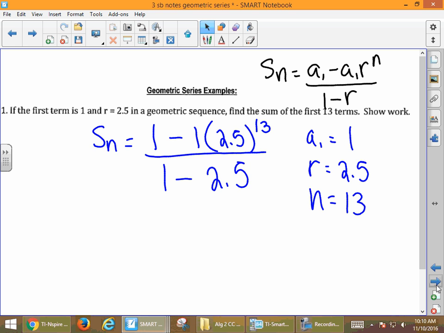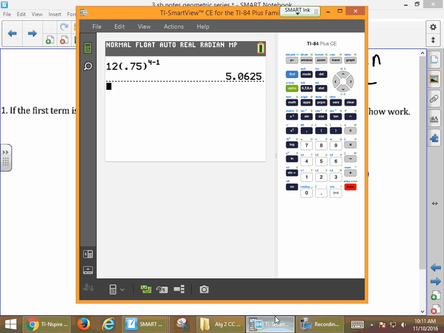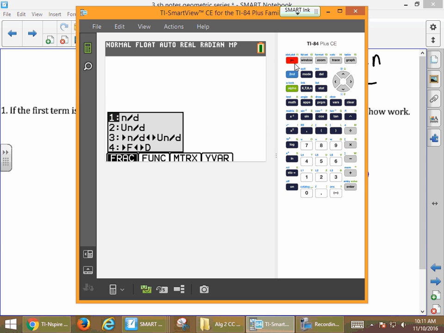Just a word of caution. If you don't have a fraction button on your calculator, then you need to put parentheses around the top of the fraction and parentheses around the bottom when you type it in. But if you do have a fraction button, I recommend using it. On here, it's alpha y equals number 1.